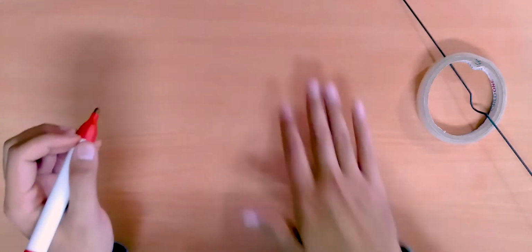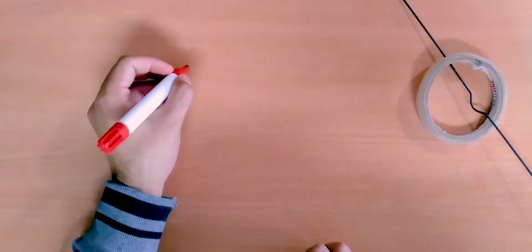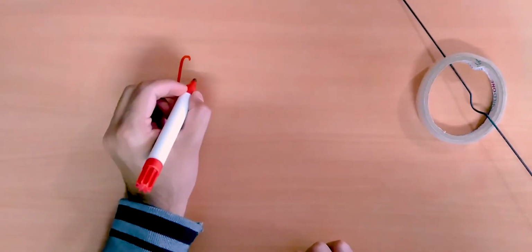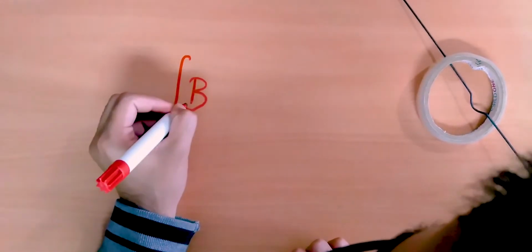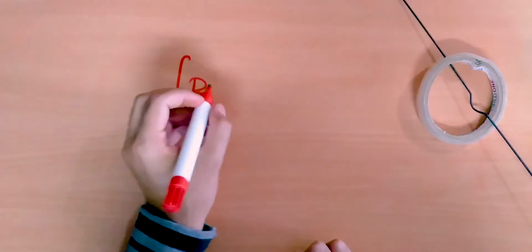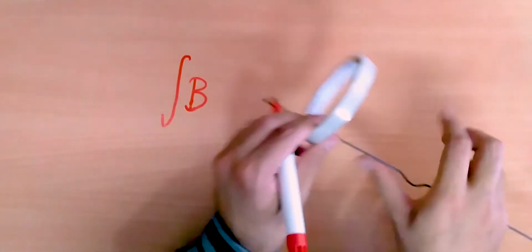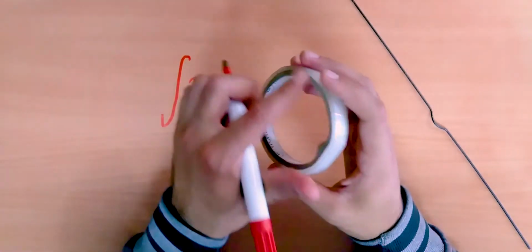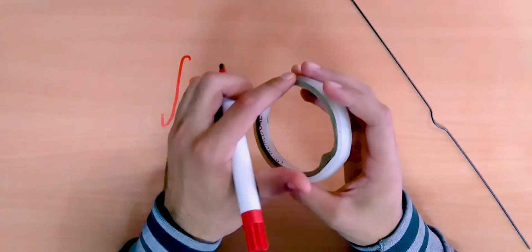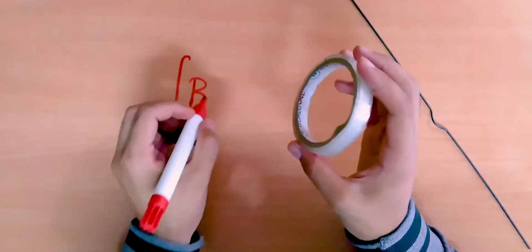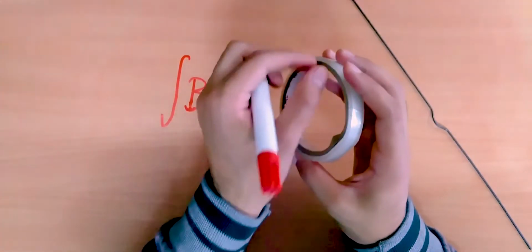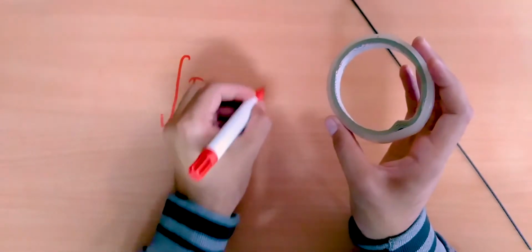I'll just write it in the form of an integral. So if I integrate the magnetic field, which is represented by B, along this whole loop here, so let's say I'm integrating it along small sections of the loop, I'll call those small sections dl.